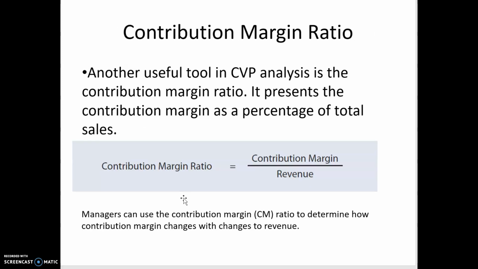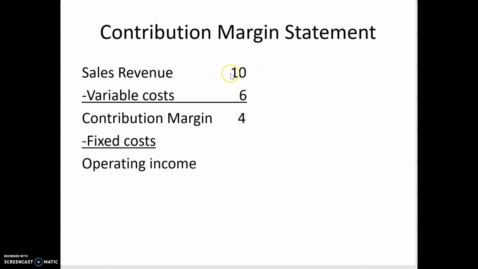We know how to get our contribution margin: sales revenue minus the variable cost equals your contribution margin. We'll also be using the contribution margin ratio. That tells us what percentage of your sales revenue ends up being contribution margin. So we take our contribution margin and divide it by revenue. Let's say our sales revenue is 10 and our variable costs are 6. That means our contribution margin is 4 when we subtract.